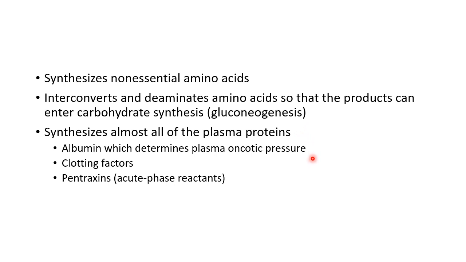The liver synthesizes almost all of the plasma proteins. So, more importantly, it synthesizes albumin, which determines the plasma oncotic pressure and holds the water inside the intravascular space. Albumin is also important because it is a marker of nutrition.